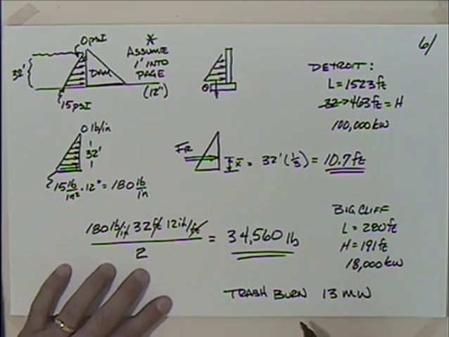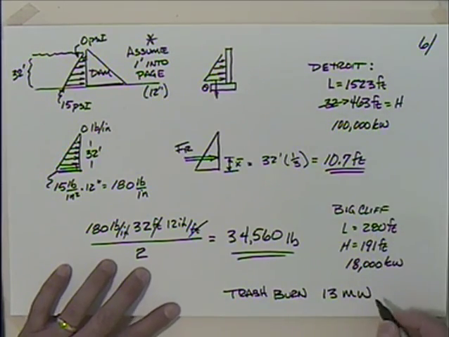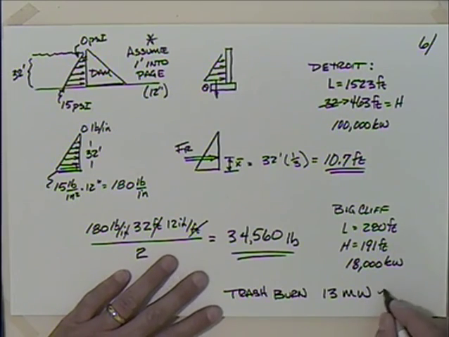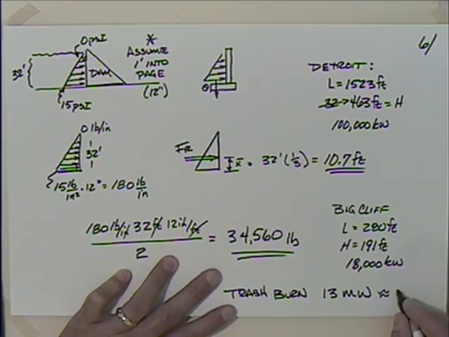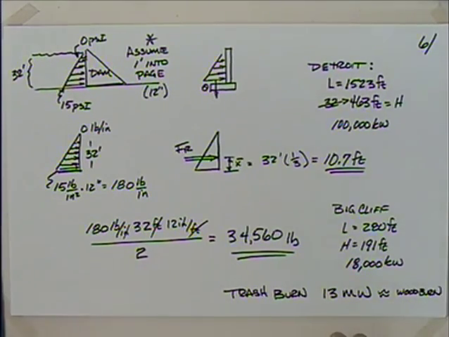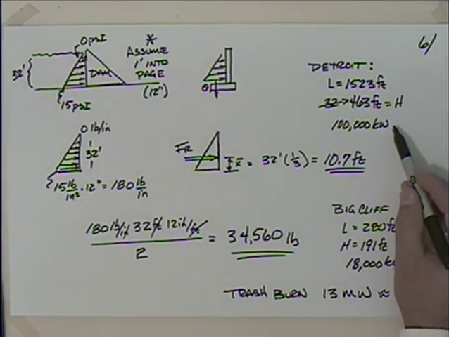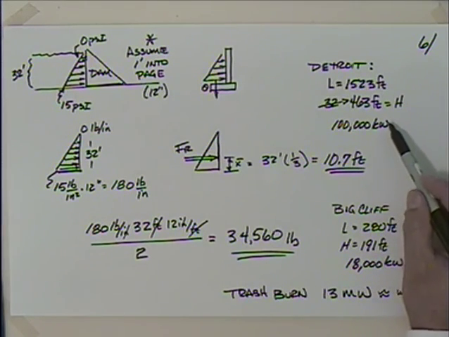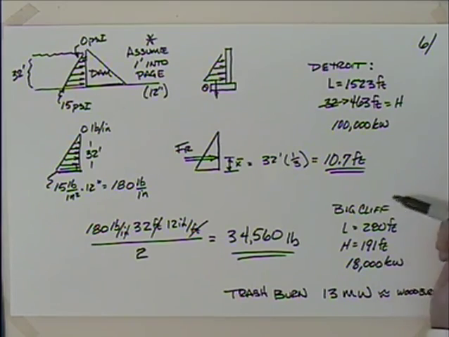So it's on par with the Big Cliff Dam, still much smaller than the Detroit Dam. And this is about the consumption of a town like maybe Woodburn. Something like that to give you some idea. So we get quite a bit of electricity from that, but the dams were certainly built for flood control. We had terrible flooding before we had dams on some of the tributaries like that.